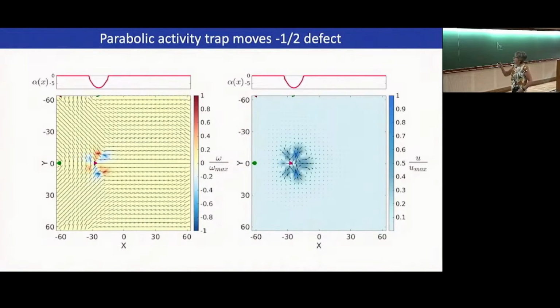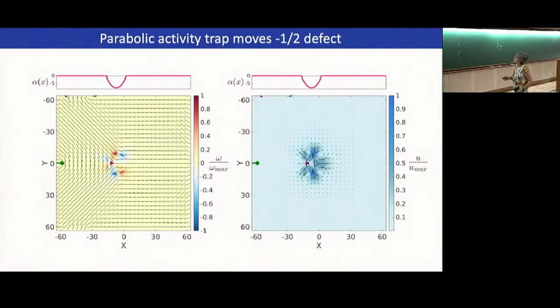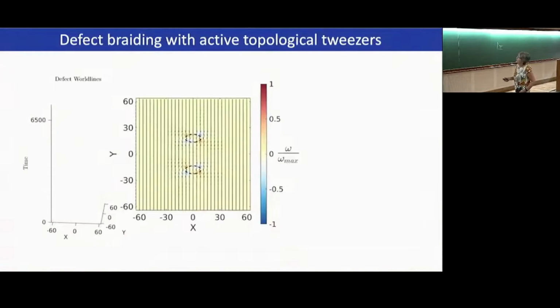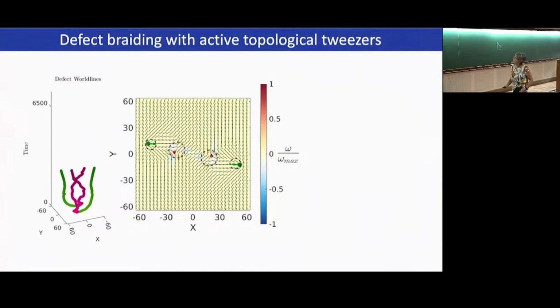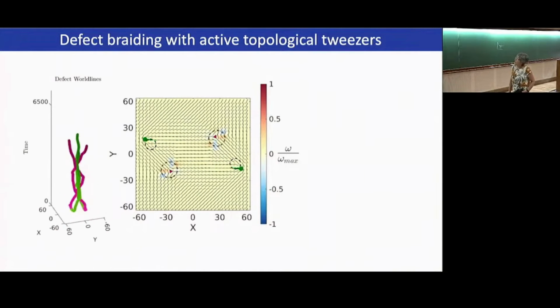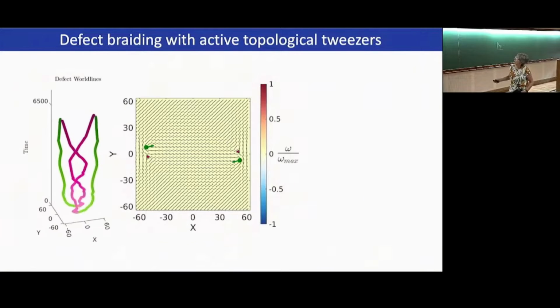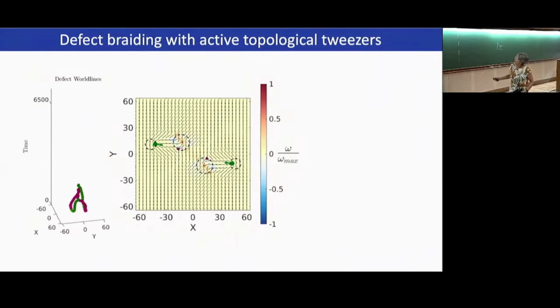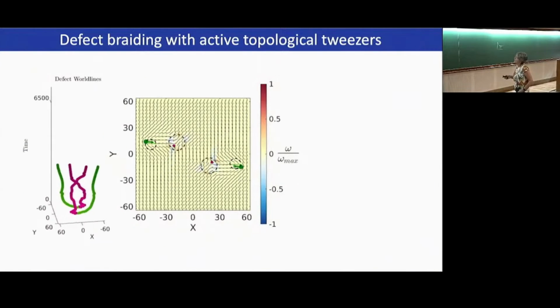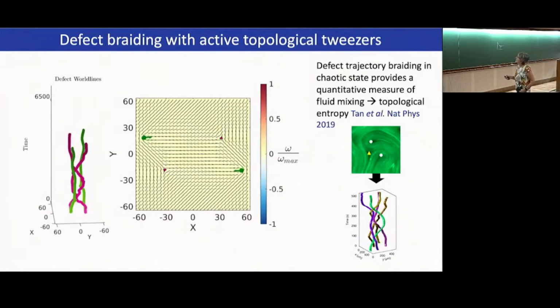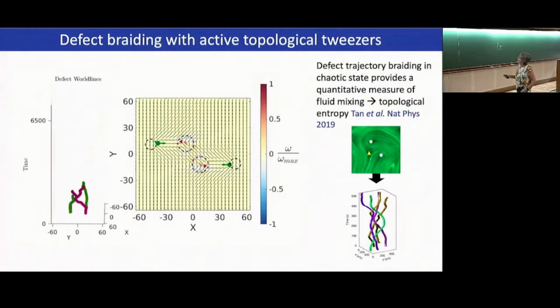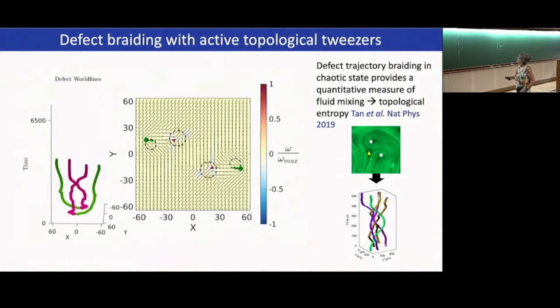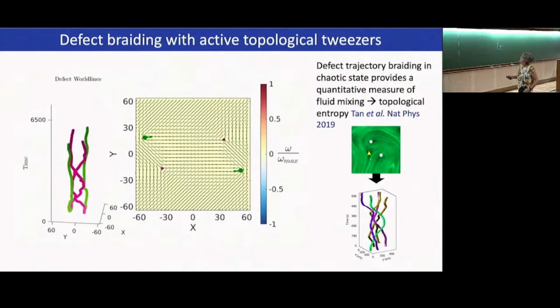And you can play around a little more with this kind of stuff, and you can actually generate two pairs of defects and move them around and braid them around each other in trajectories. What is kind of interesting about this to me is that the braiding of defect trajectory has been measured experimentally by the group of Linda Hirst a few years ago.